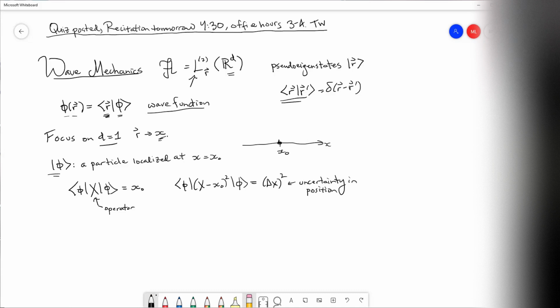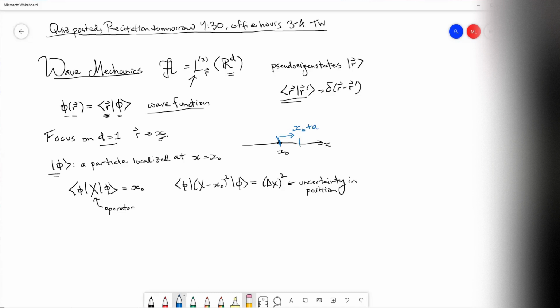We can also think about the symmetries associated with a particle sitting somewhere in some location. We can imagine shifting our coordinates so that the particle is translated to say x naught plus a.